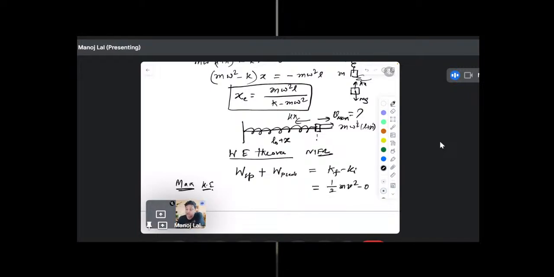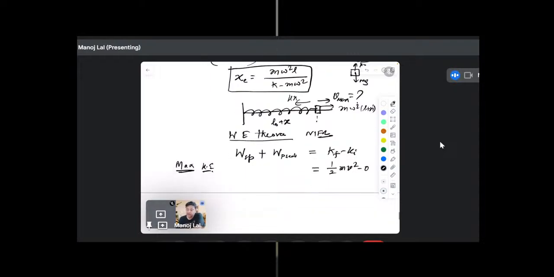So that's fine. Now what can we write for work done by spring force at some moment of time from the natural length, when the elongation is x? The work done by spring force is equal to, let me write, minus half kx square.